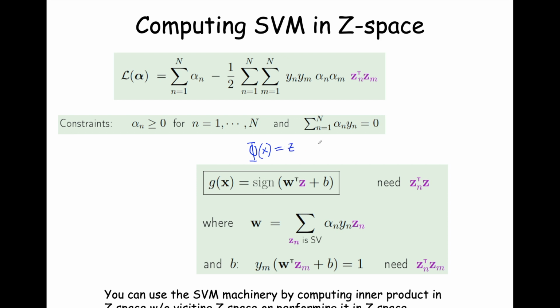So we can actually compute sign of w transpose phi of x plus b. Now, of course, if we do this in z space, let's see what happens here. Well, if we know how to compute w, and we have our z here, that means we need this quantity, phi of x, that's nothing more than z.